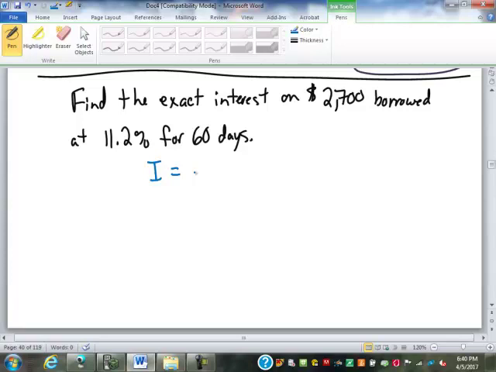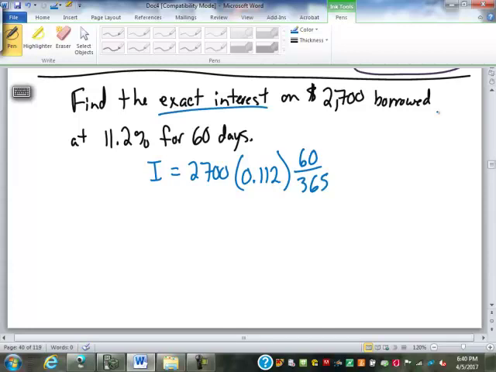So to set this up, we've got I equals 2,700 times 0.112 is our rate times 60 over 365. Because I said exact interest.